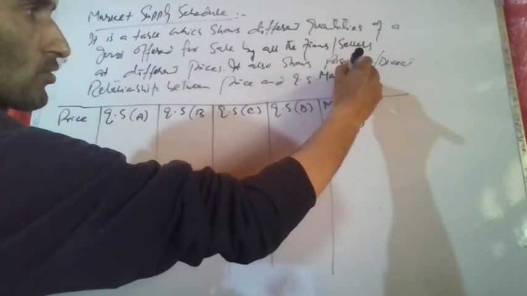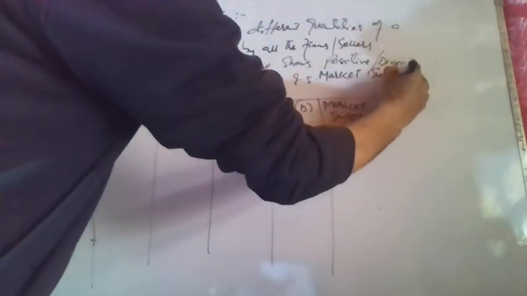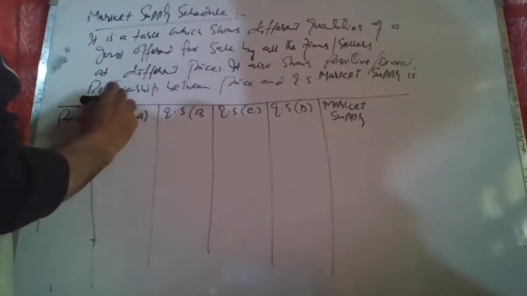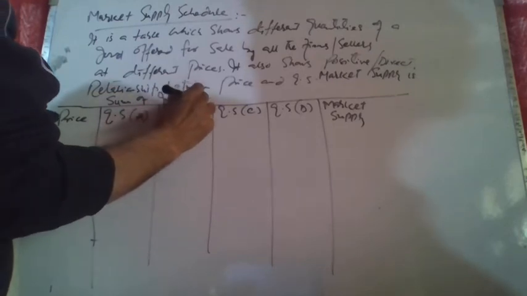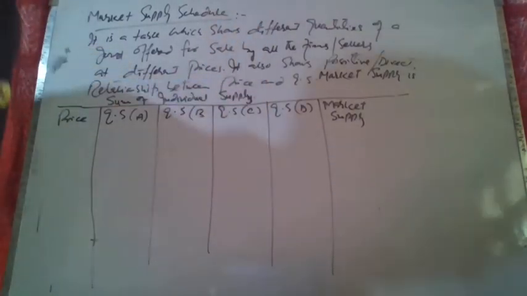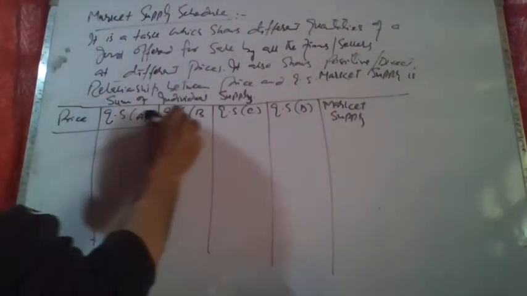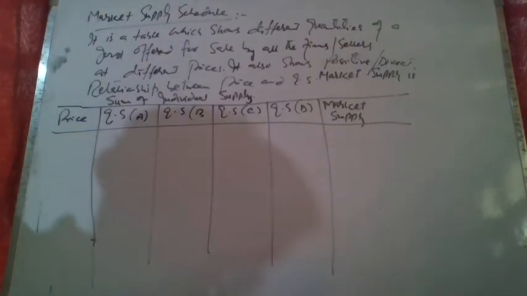Market supply is the sum of individual supply. Thus, for example, price is ₹5.